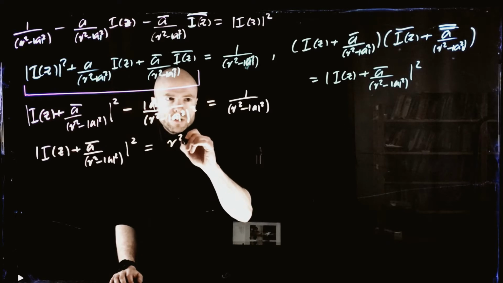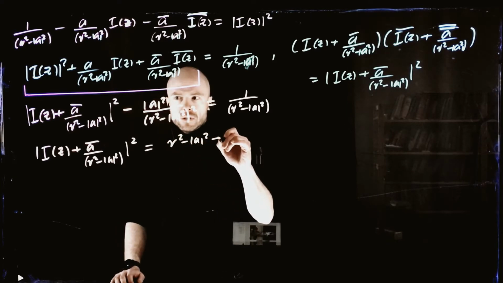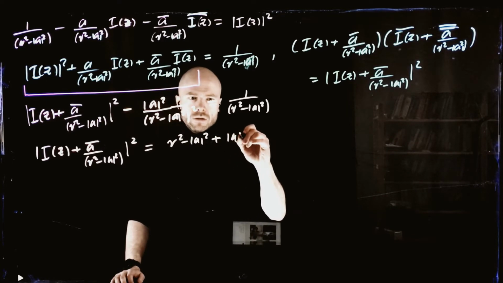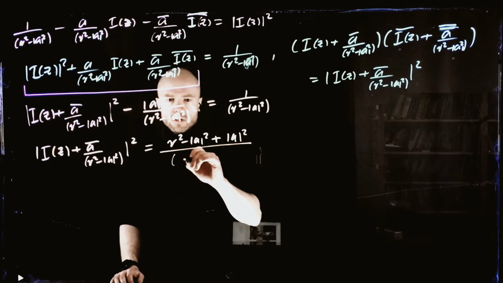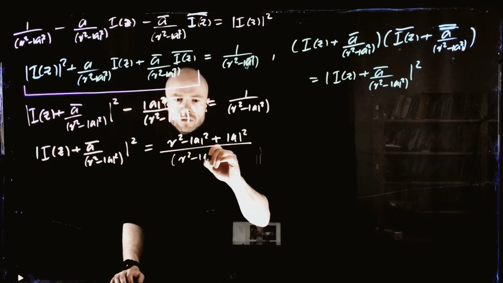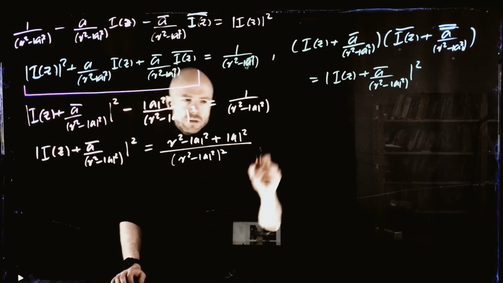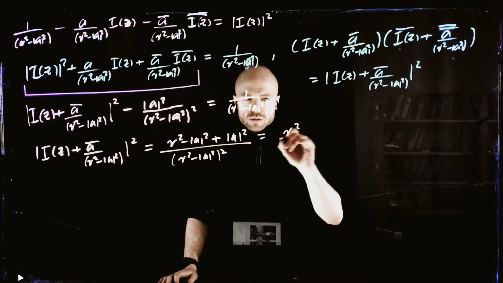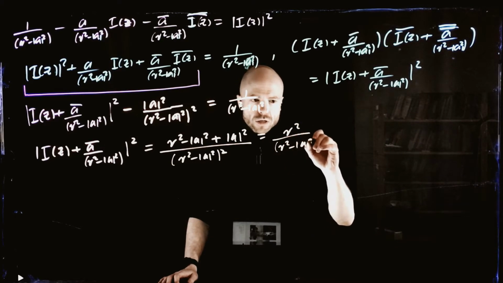So let's write the top as r squared minus mod a squared, plus mod a squared. So that's a nice cancellation over this thing. Which just turns out to be this, r squared over r squared minus mod a squared.